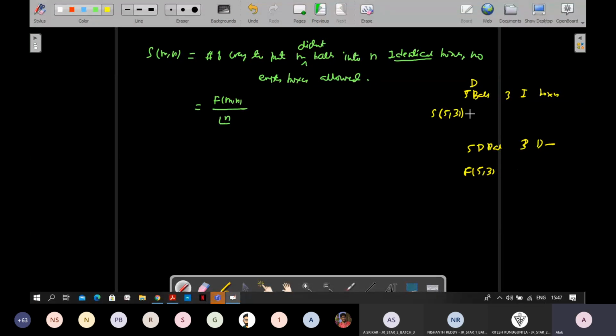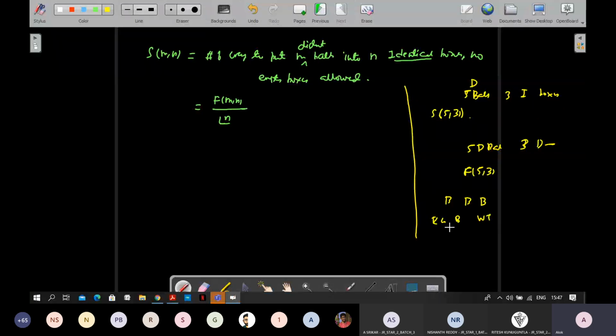Now what is this to this? See, suppose here the balls are distinct. You are arranging these 5 balls. Say you have got red, green, blue, and white and turquoise. Any distribution where no box is empty.